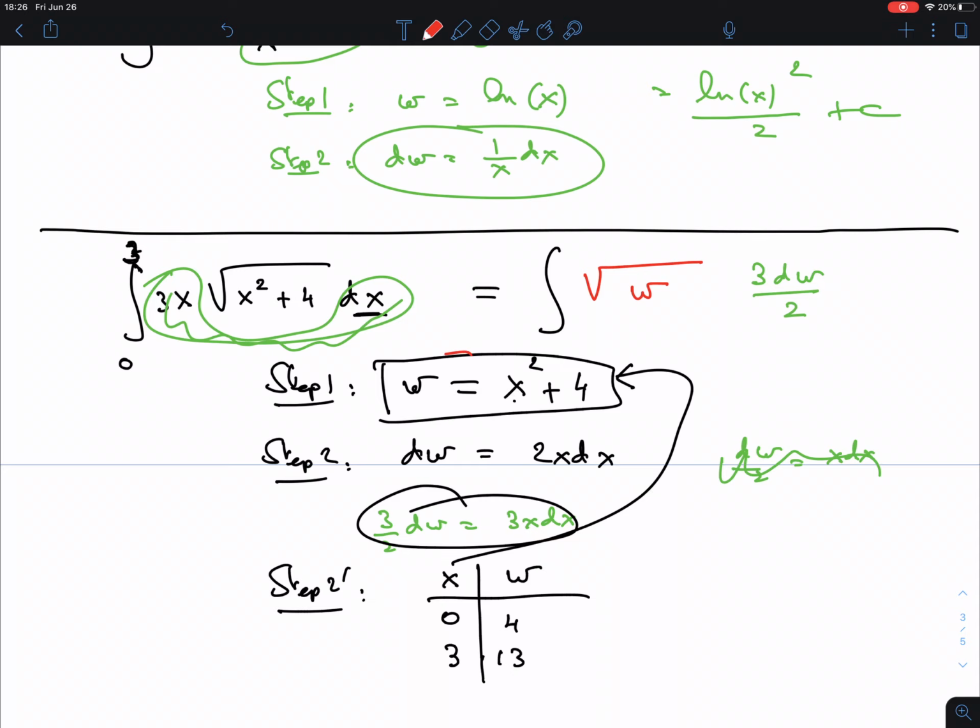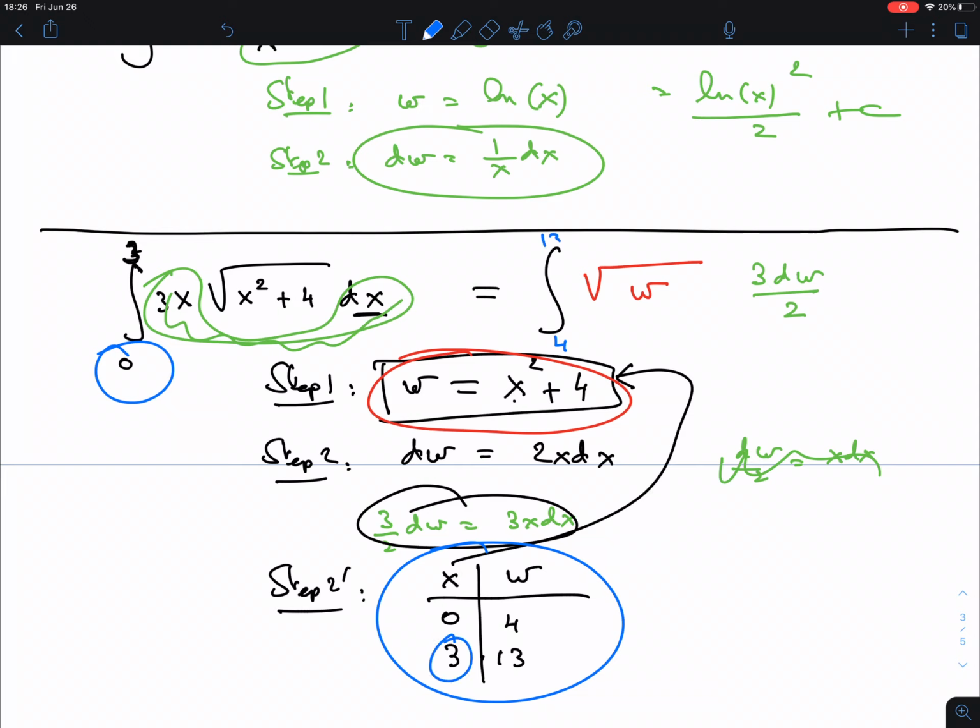That's this one here, right? But now we have also, and I'll do it in another color, these endpoints. 0 corresponds to 4, and 3 corresponds to 13. So these become the new endpoints. Good. So this is now the integral.